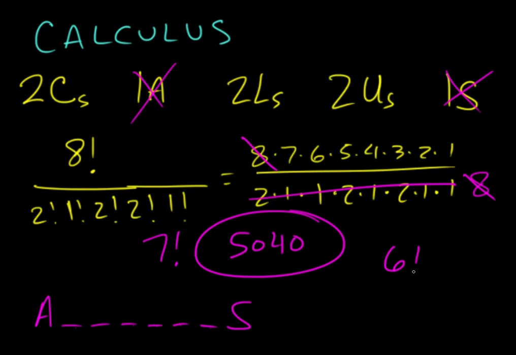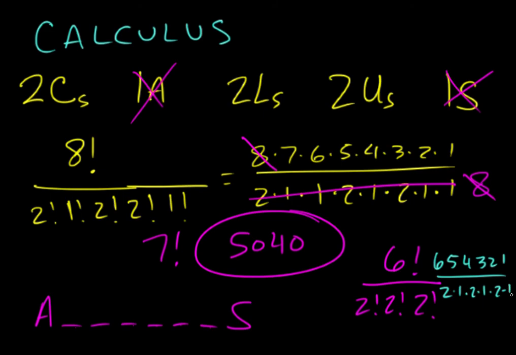So we're going to start with 6 factorial on top, and then the bottom is just the values of the remaining. And so they're all 2's, so 2, 2, 2. And so we get 6, 5, 4, 3, 2, 1 over 2, 1, 2, 1, 2, 1.